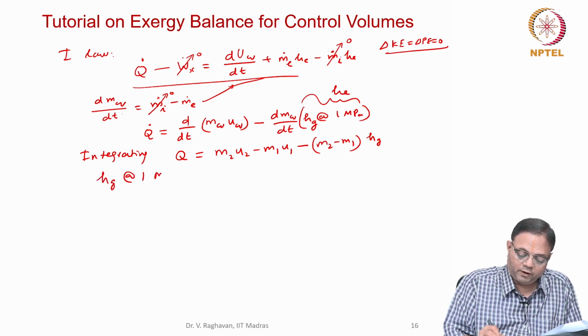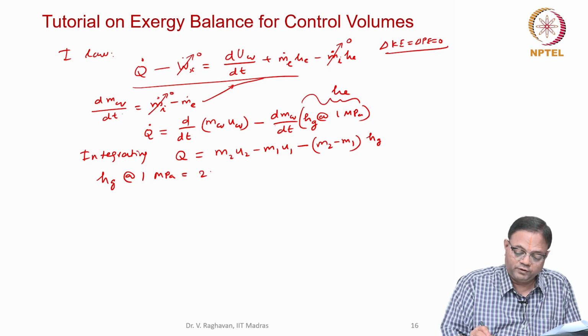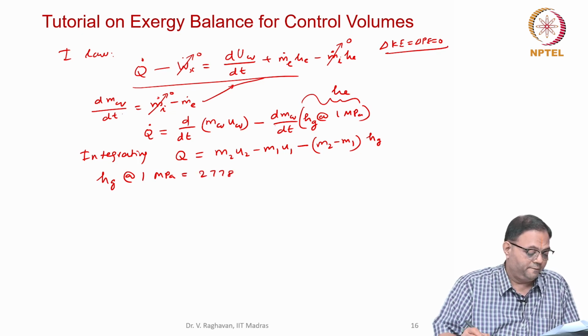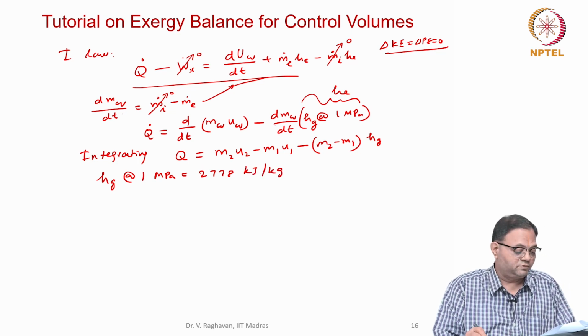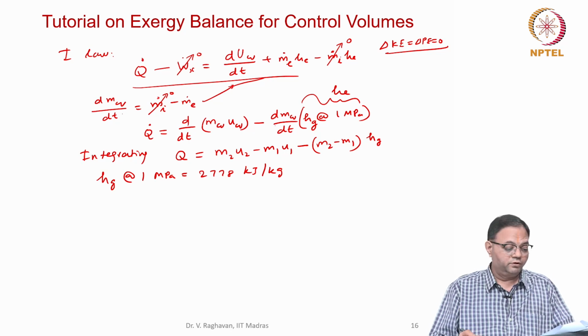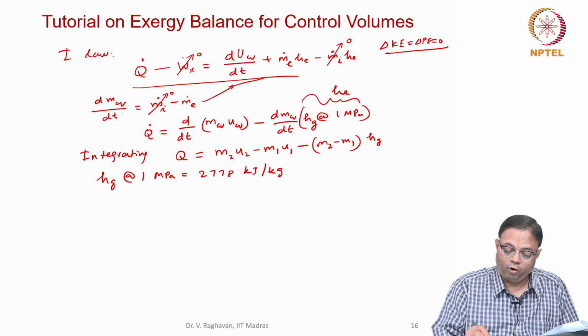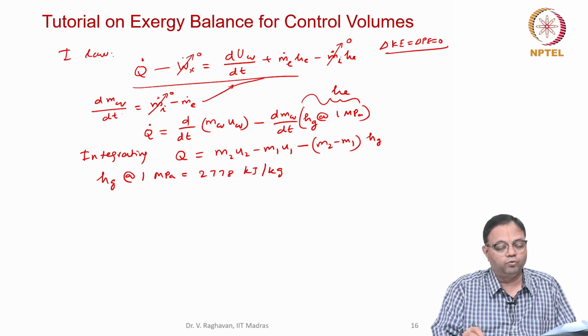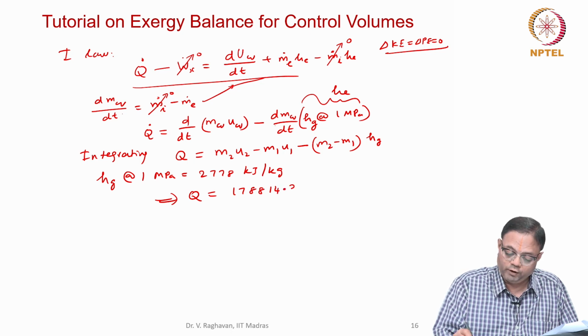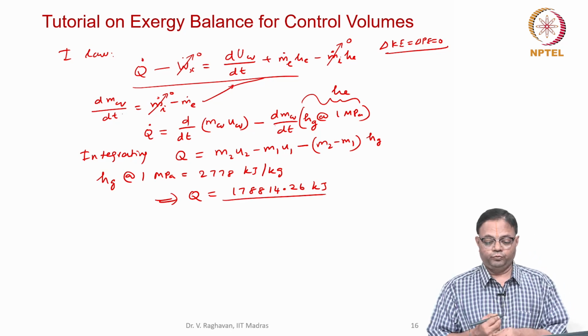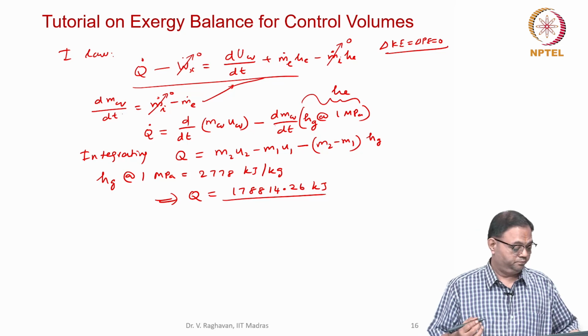Hg at 1 megapascal from the tables is 2778. Now this is the equation. From this, I know all the values: m1, m2 we have calculated, u1, u2 taken from the tables, Hg we have taken from the table. So we will say Q equals 178814.26 kilojoules. So, this is the amount of heat. Very huge amount of heat is lost.